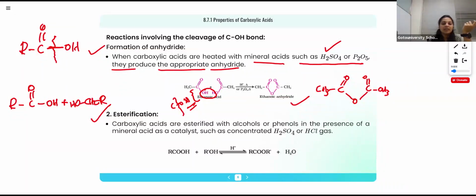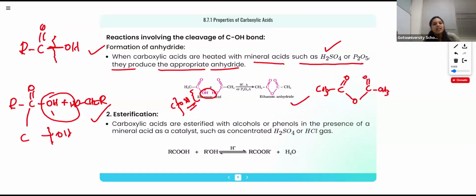So what will happen? Same thing I told you. You remember, the OH group from here and the hydrogen from here are removed. Which bond are we breaking here? The bond between this carbon and this OH group. We are breaking that one. So this is the esterification reaction.